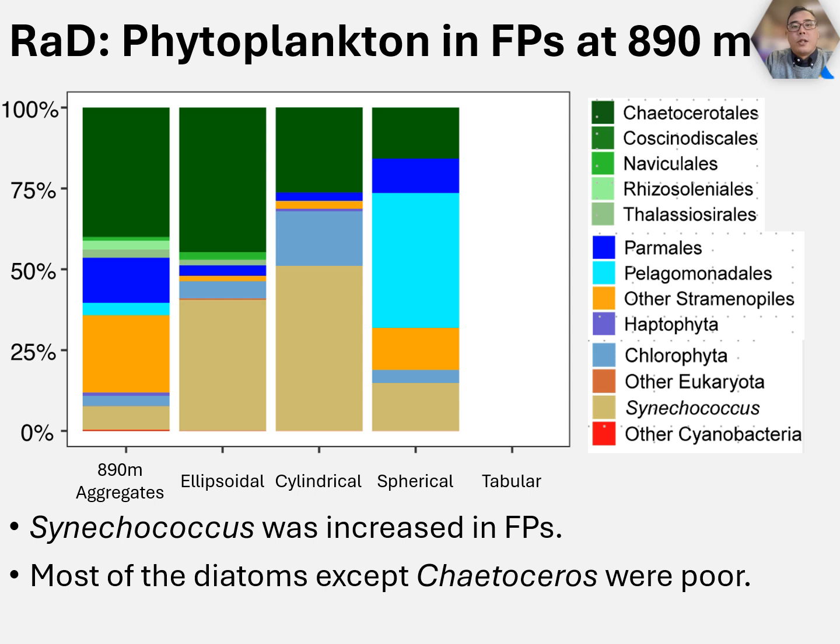When we see the result at 900 meter depth, Synechococcus contribution is high in the fecal pellets. The contribution was over a half in the cylindrical pellets. We also find Pelagomonas contribution was very high in the spherical pellets, but it was a single experiment, so we are now trying to add more spherical samples.